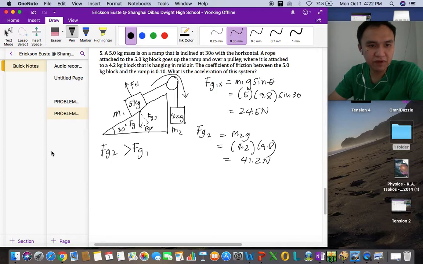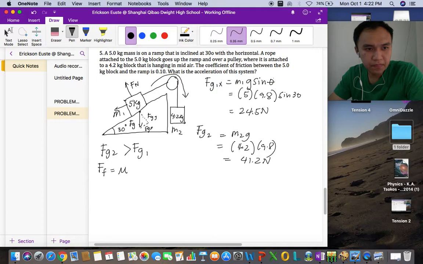there is the coefficient of friction, so we need to consider that. So F is equal to mu Fn, which is also equal to mu mg cosine theta, because this is mg cosine theta.